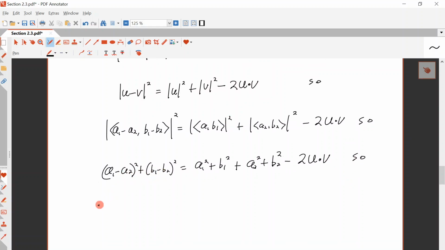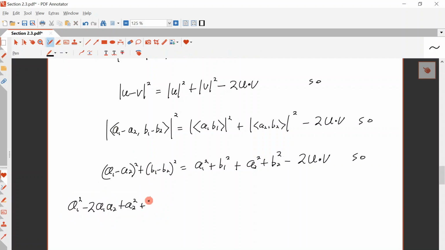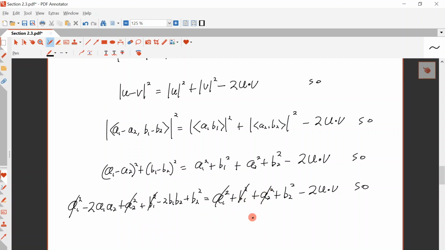So let's multiply these out. A1 squared minus 2 A1 A2 plus A2 squared, plus B1 squared minus 2 B1 B2 plus B2 squared is equal to A1 squared plus B1 squared plus A2 squared plus B2 squared minus 2 U dot V. So the A1 squareds cancel, A2 squared, B1 squared here and here cancel, and B2 squared cancels.